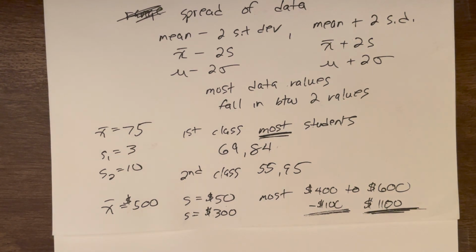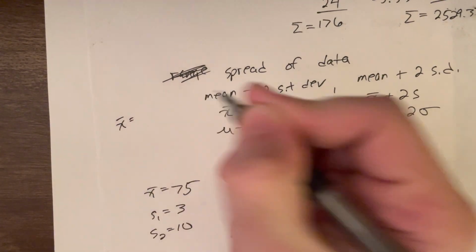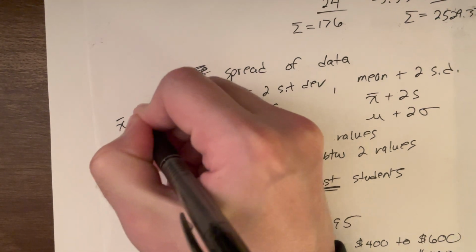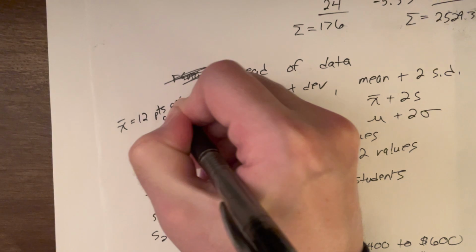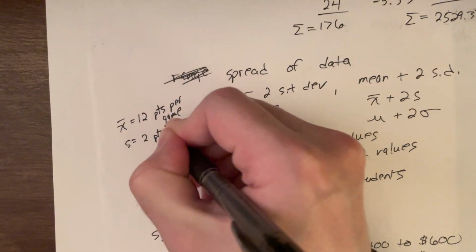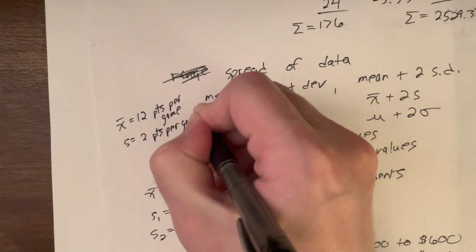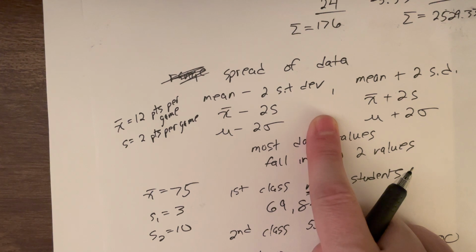So just one more example: if you were a basketball player and you averaged, let's say, 12 points per game, so that's your average, and your standard deviation is 2 points per game, what would your scoring numbers look like?